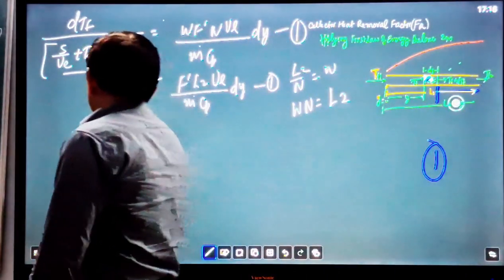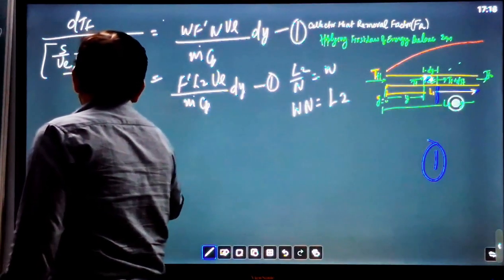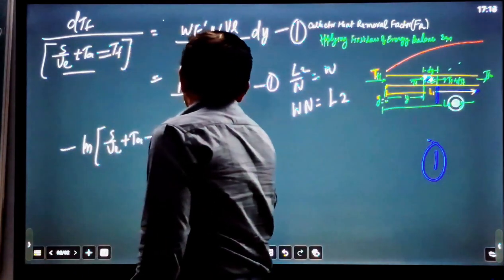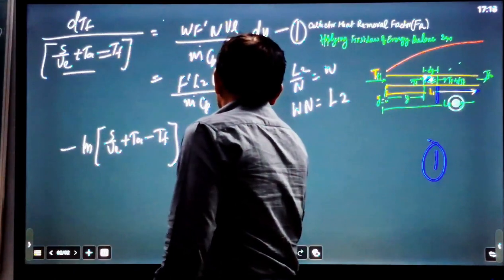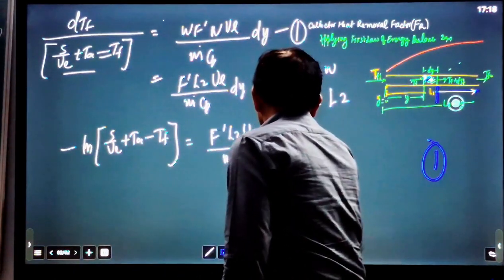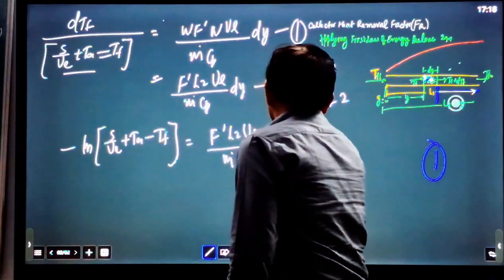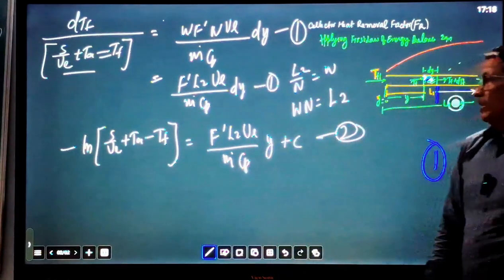Integrating, we get ln of S upon UL plus Ta minus Tf equal to minus F dash L2 UL upon m dot Cp into y plus C. This is equation number 2, because this is a different equation.